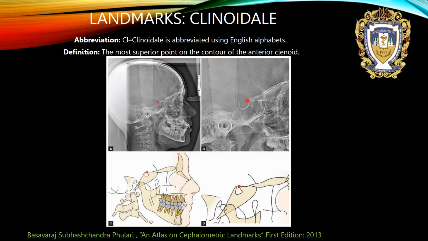Clinoidale point is the most superior point of the contour of the anterior clinoid process. It is the anterior border of sella turcica.